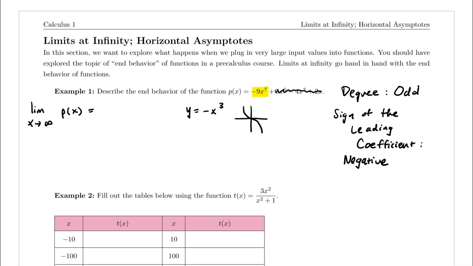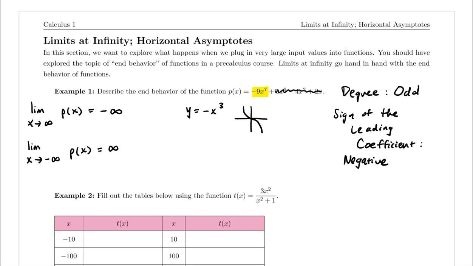We can see as we plug in really large positive values into negative 9x to the 7th or into negative x cubed, we get really large negative values, meaning that this is going to go off to negative infinity. Then we have the limit as x approaches negative infinity of our polynomial p of x, and we can see that that is going to go off to positive infinity.